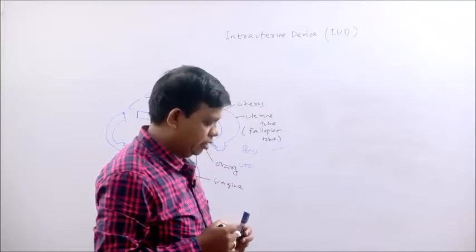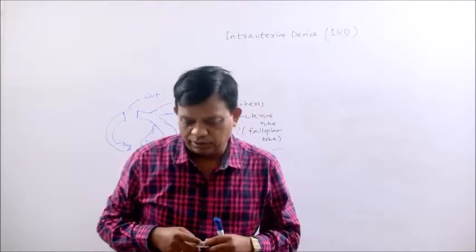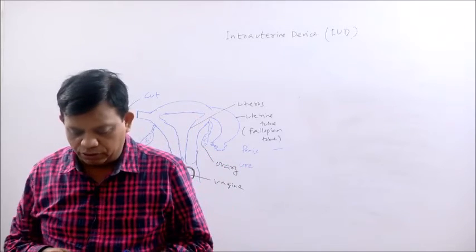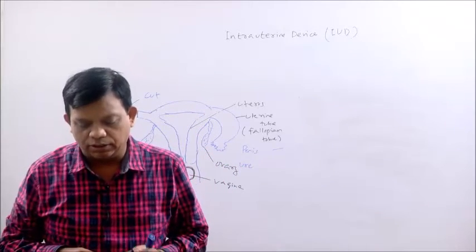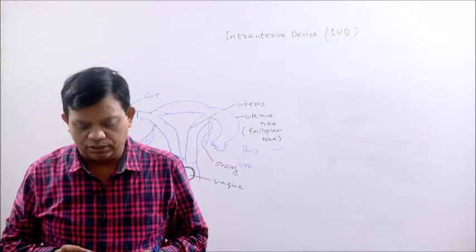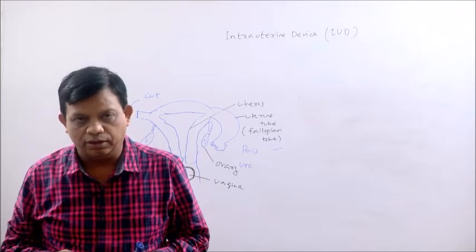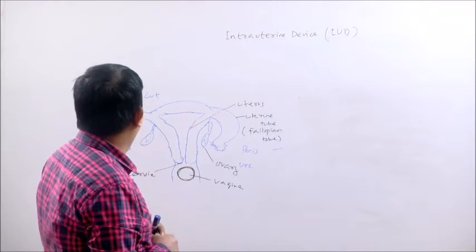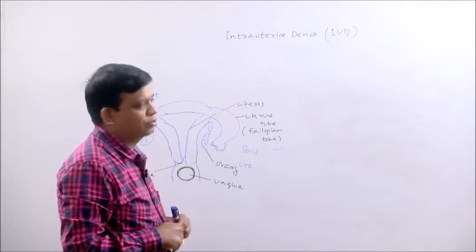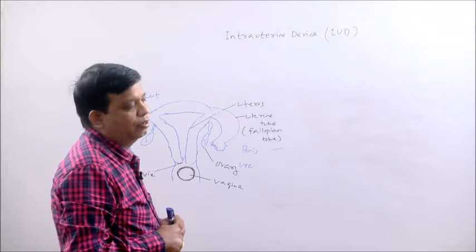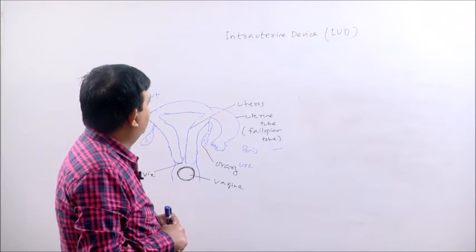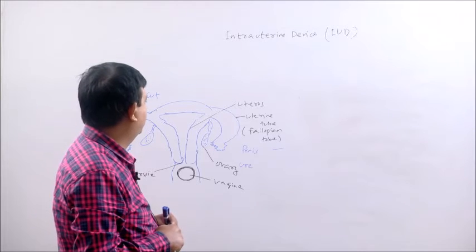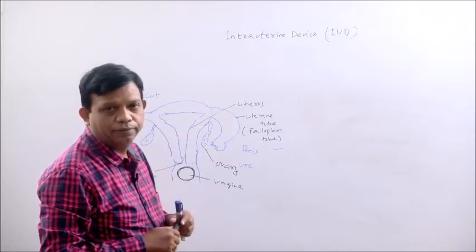Then intrauterine device. Intrauterine devices are small structures or small objects made of plastic, copper or steel. These are placed in the uterus. A professional health worker or a doctor can place it in the uterus of the woman.